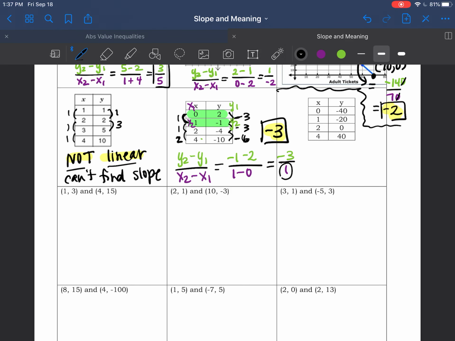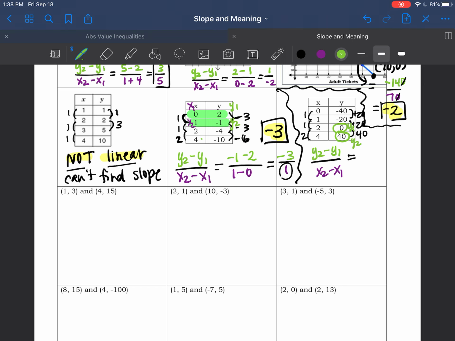Okay, and then for the third table, this is going up by 20, up by 20, up by 40, up by 1, up by 1, up by 2. So this is proportional, this is linear. And so we can do y2 minus y1 over x2 minus x1. Okay, so I'm going to pick this point and this point.